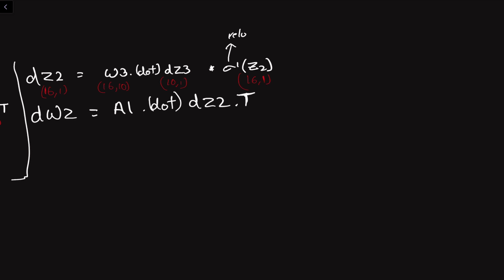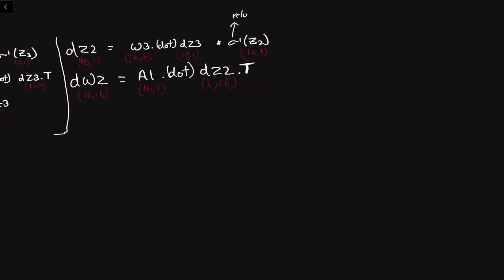Okay, that's what it's gonna be. And let's write out the 16,1 for this. This should be 16,16. And this, what is this? 1,16, since it's transposed. Okay, they do match. Okay, so we know the equation is correct.